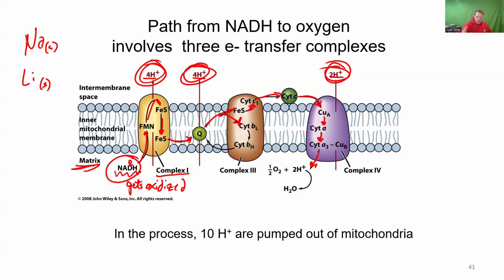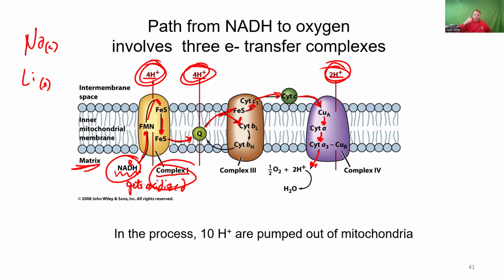So essentially, 1 NADH moves enough protons. And keep in mind, all that NADH is doing is getting oxidized. It's releasing electrons. When it releases those electrons, the protein complexes say, cool, you've released those electrons, now I'm going to move protons across.